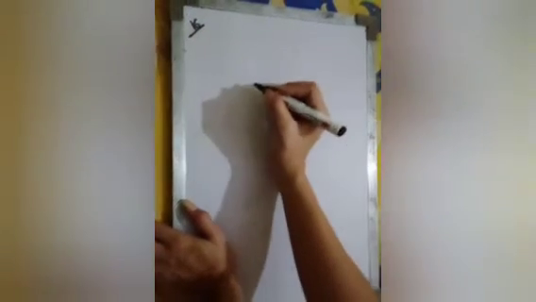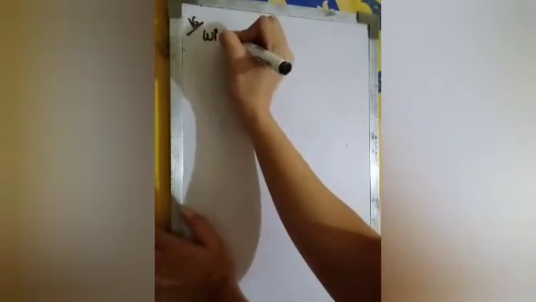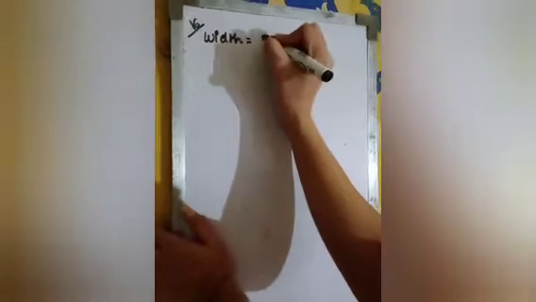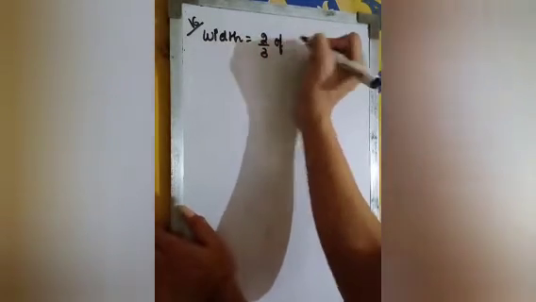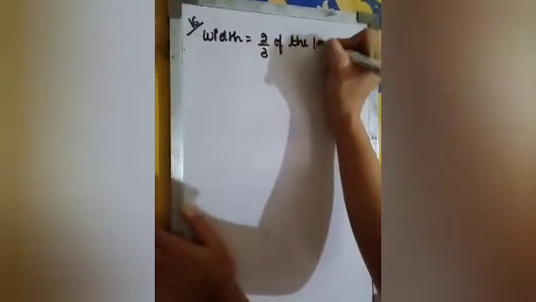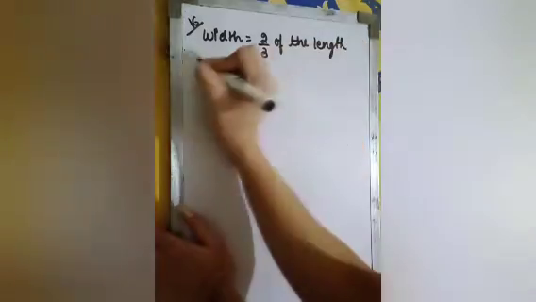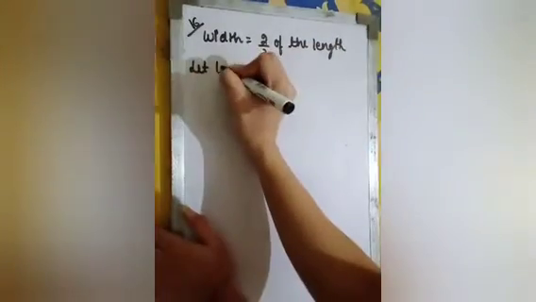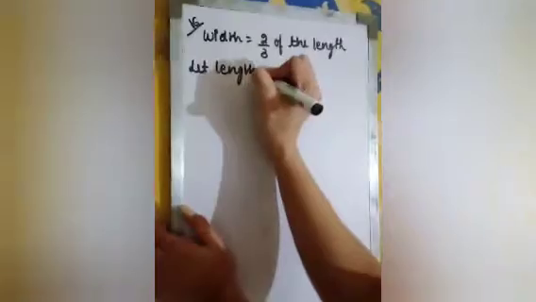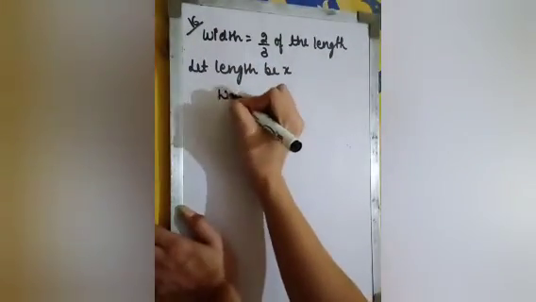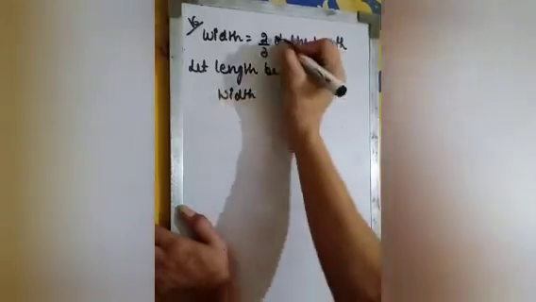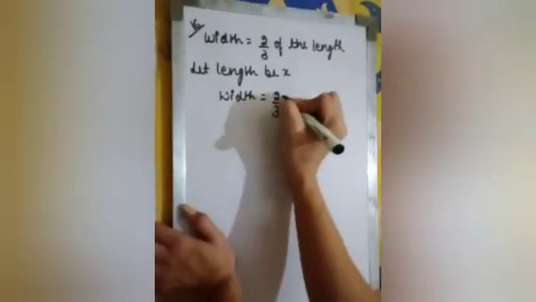The width of the rectangle, that is 2/3 of the length. So first let length be x. Okay, so what is the breadth? Breadth is 2/3 of the length, that is 2/3 x.